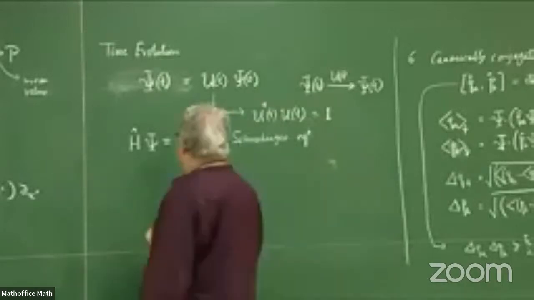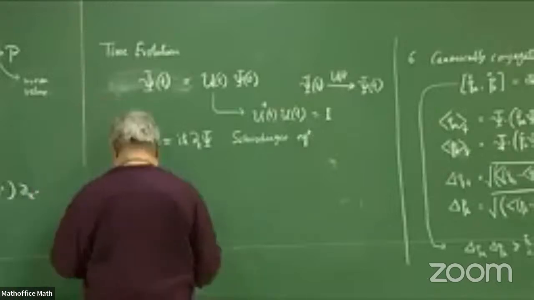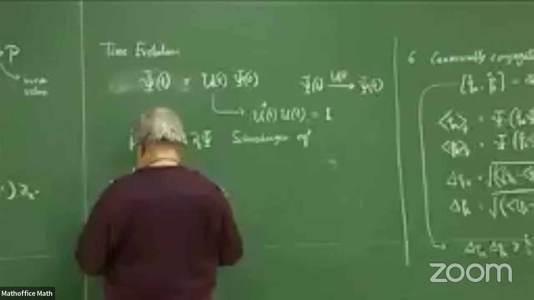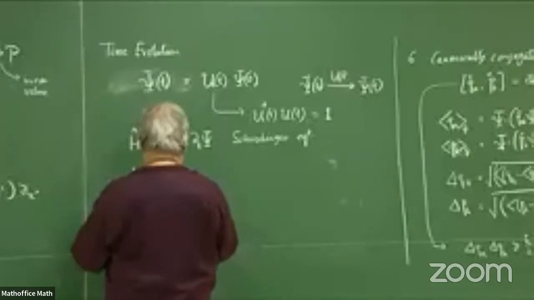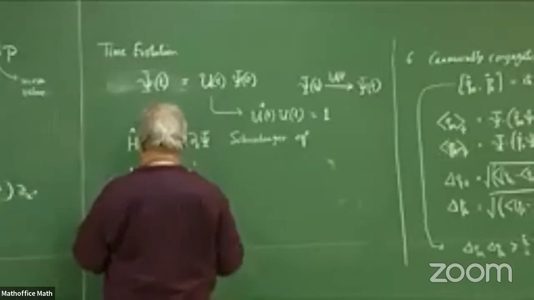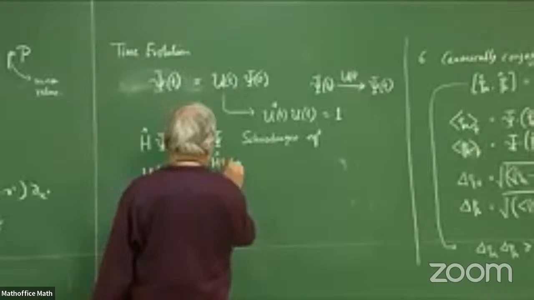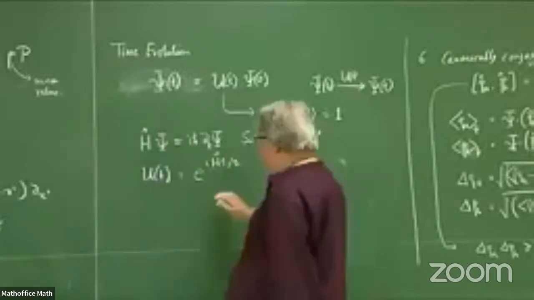So from there you can find the solution for U of t. U of t becomes the exponential of the Hamiltonian, a formal solution.